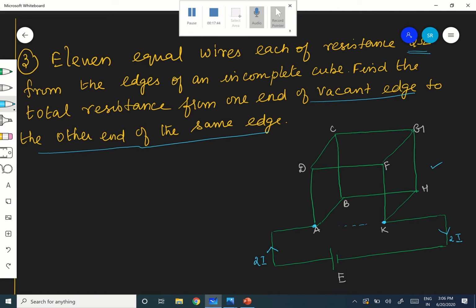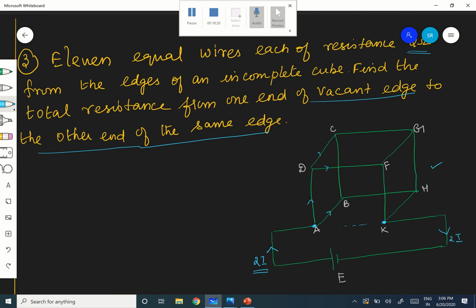Now I have taken the total current as 2I. Why? Because if it is I, then it will be I by 2 here and I by 2 here. There are 2 branches here, so it will be I by 2, I by 2. Then it is once again dividing into 2, so everything will be in fractions, and it is very difficult to solve.